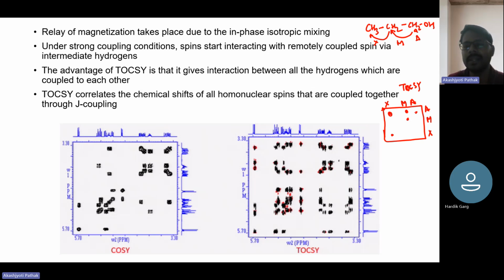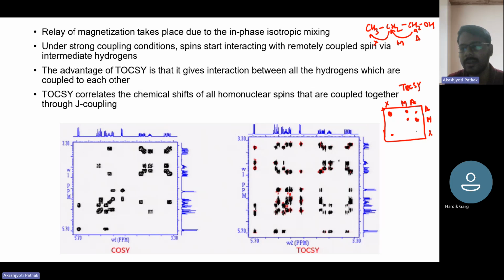Because of relay of magnetization, you will also observe a cross peak between A and X. Similarly, here A and M are coupled, but X is also coupled to A via this intermediate proton, and so you will also obtain a peak over here.